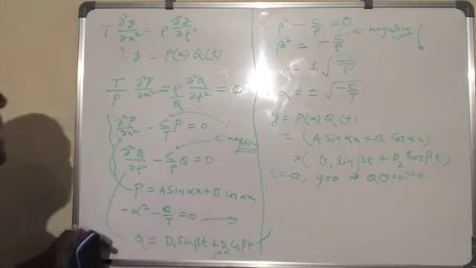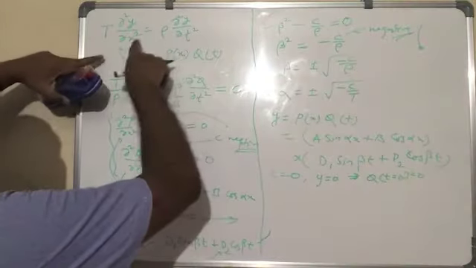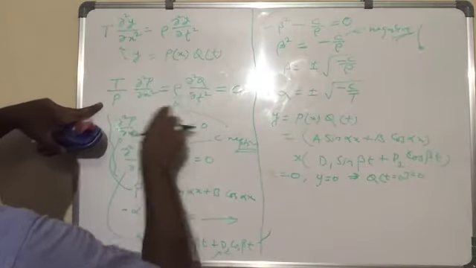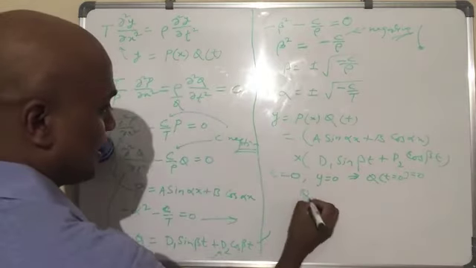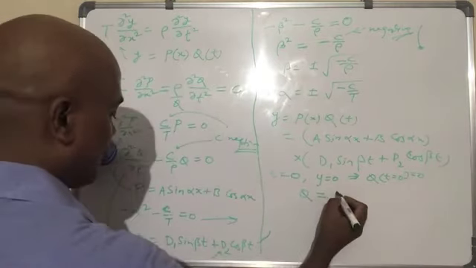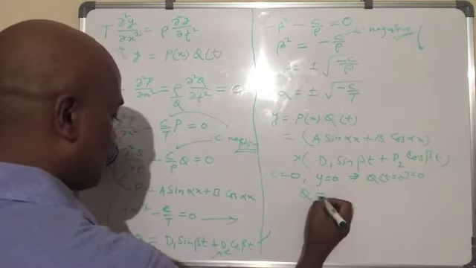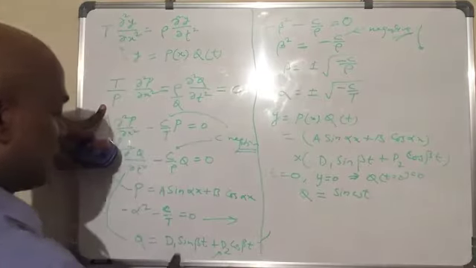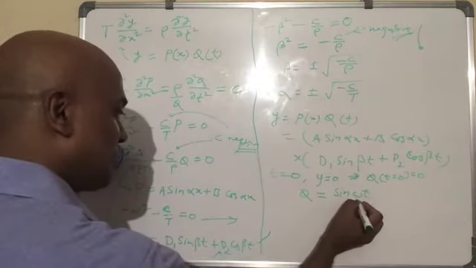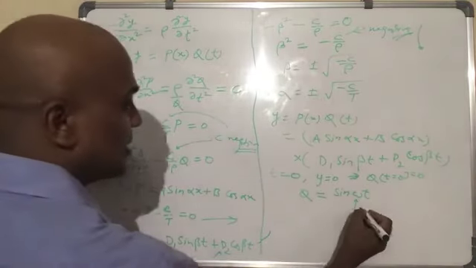So if that is the case, we go back here to these equations, right? So q will be something like, we can assume q equal to sine omega t, because we know that this will be the natural frequency.